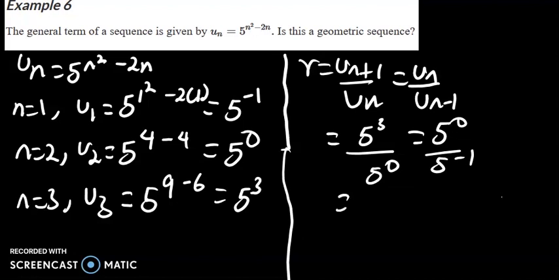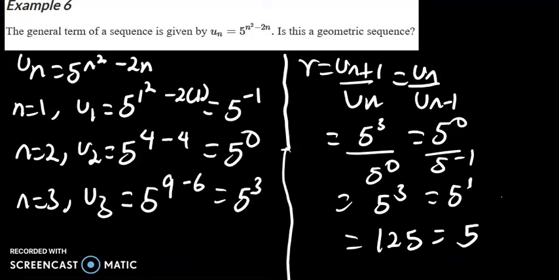The first is the same as 5 to the power 3 because 5 to the power 0 is 1, and this one will become 5 to the power 1. 5 to the power 3 is just 125, and 5 to the power 1 is 5. So these are not equal, so no, it cannot be a geometric sequence.